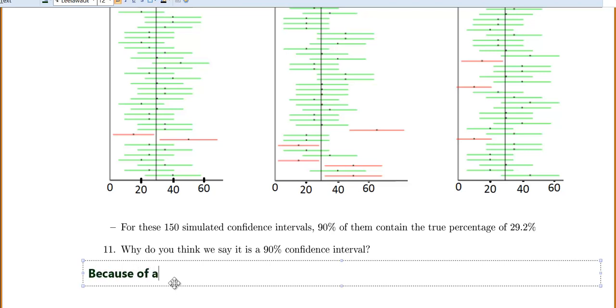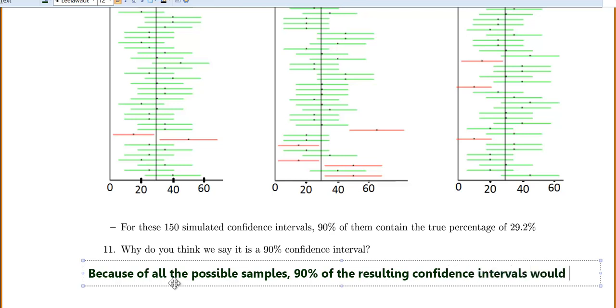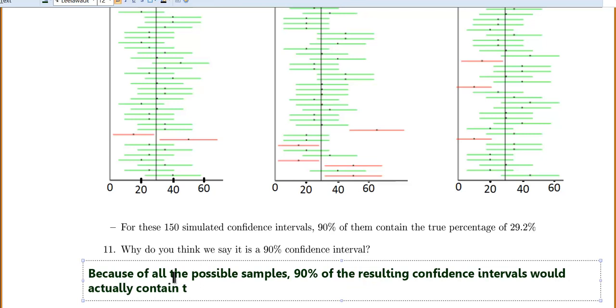Because out of all the possible samples, 90% of the resulting confidence intervals would actually contain the true population percentage.